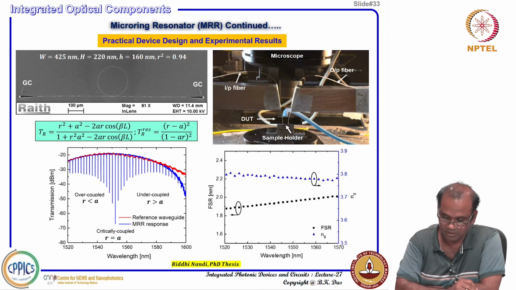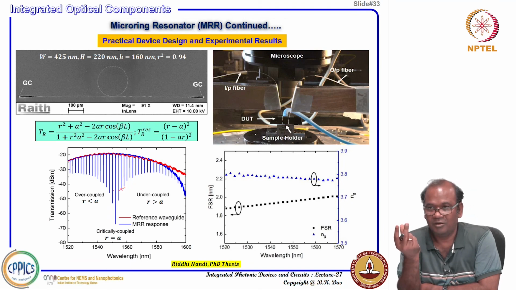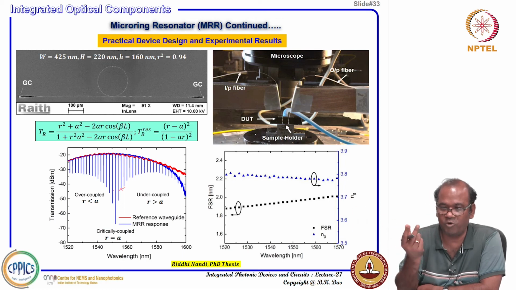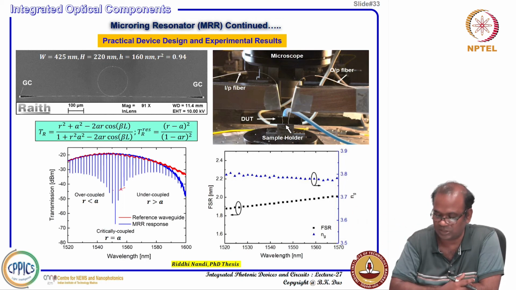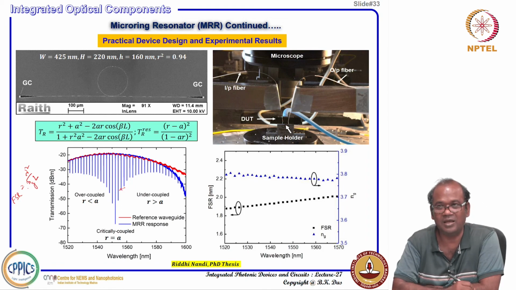Okay. Now, I can calculate the FSR, that means the free spectral range, the wavelength separation between successive resonances. So, I know that this free spectral range is lambda square by Ng L, where L is the perimeter length.